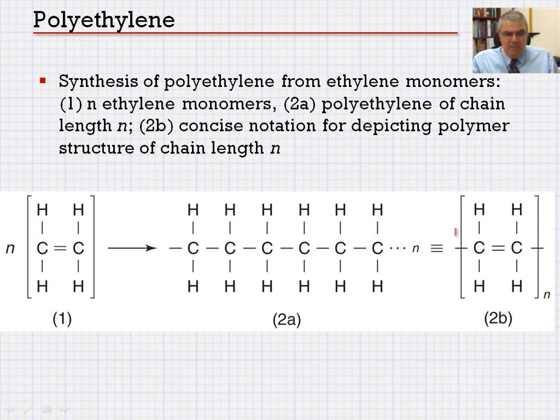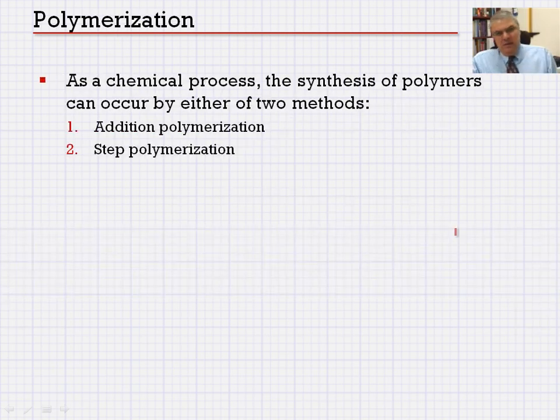So from N number of those, we would go to a polymer structure of chain length N. The synthesis is going to cause them to be put right next to each other, N number of molecules, and that would give us the long molecule with the length N that I just looked at.